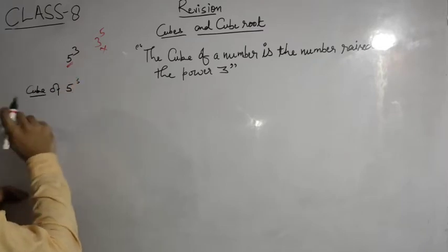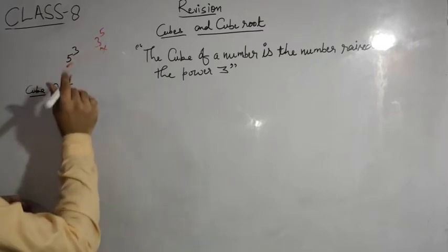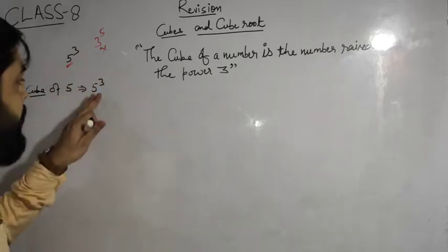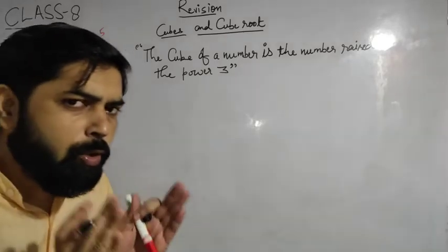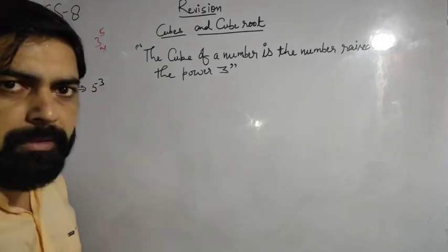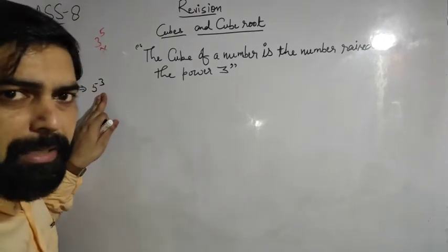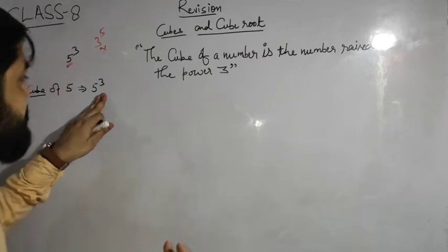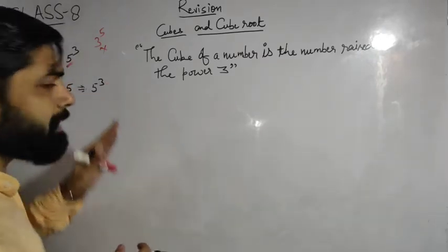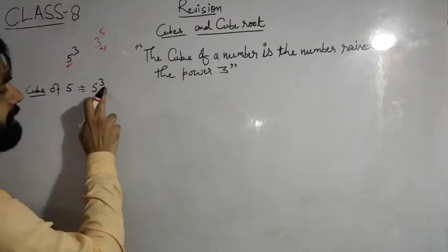So if the question is saying what is the cube of 5, just write the 5 in exponential form. And you know what the exponential form is? When we write a number with a power in this form, it is called exponential, with a base and a power. This is the base and this is the power.